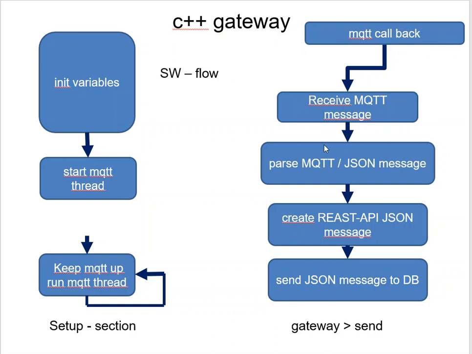After that we are parsing that message, finding out these name-value pairs, and when we get our signal name and the signal value, then we create again a JSON message that we are sending through the REST API to our database.